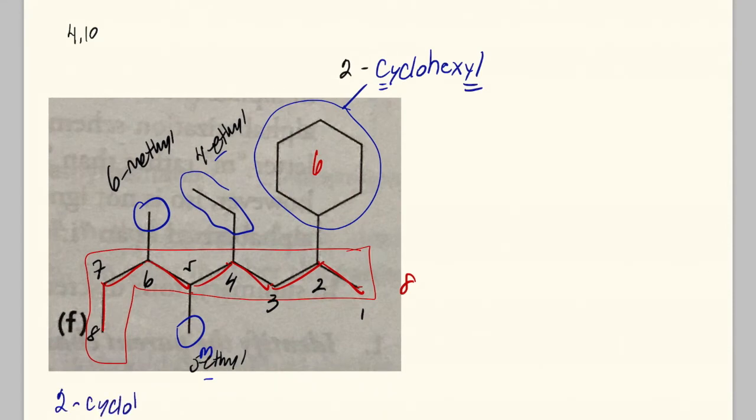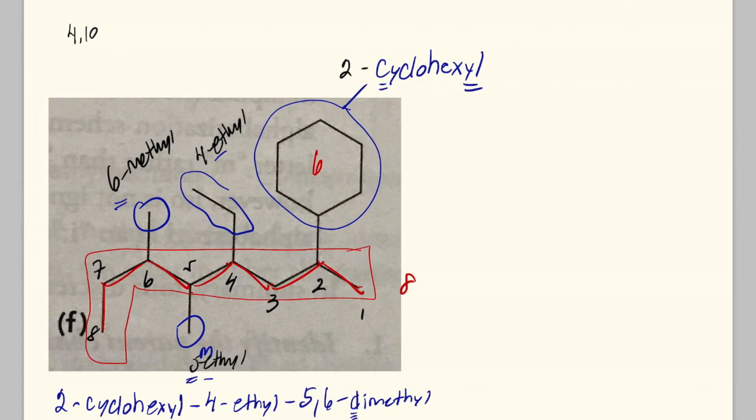So this is going to be 2-cyclohexyl, hyphen, and then I want to do my ethyl because E comes next in the alphabet, and then M is last. Now there's a 5 and a 6. There's a methyl group at carbon 5 and carbon 6 of my parent chain. So I'm going to combine these two with the use of di. So 5,6-dimethyl.